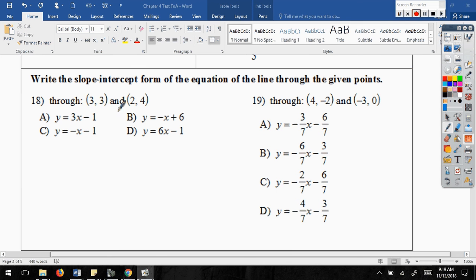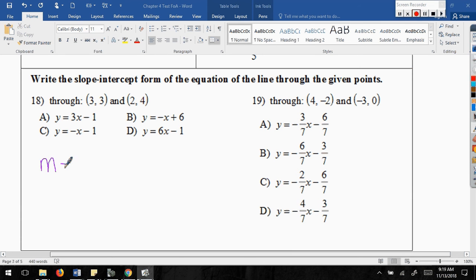So through these 2 points, the first thing I need to do is find the slope. So 4 minus 3 divided by 2 minus 3. 1 over negative 1. So I already know that I'm looking for one that has a negative 1 slope, which means I can already eliminate this one and this one.